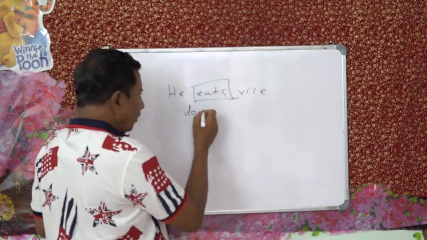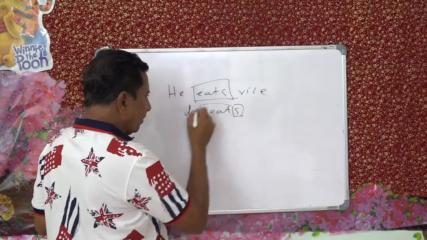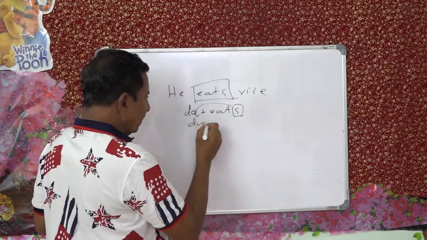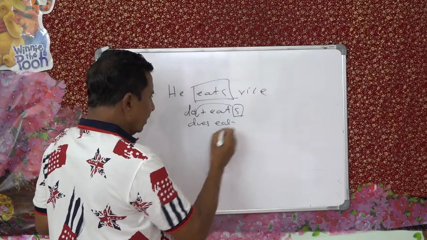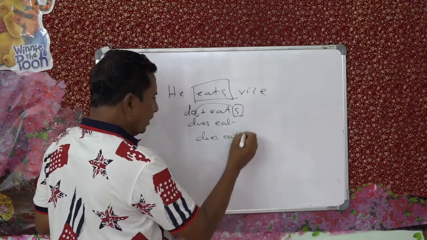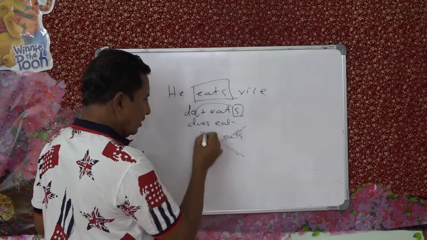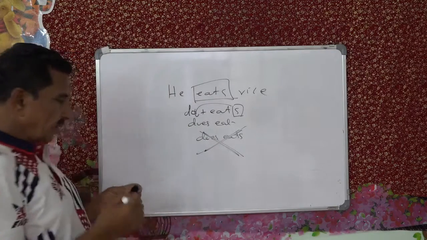And when you insert do plus eats, then the tense marker comes here. So this will become does eat. So if you write does eats, it is wrong. Understand?